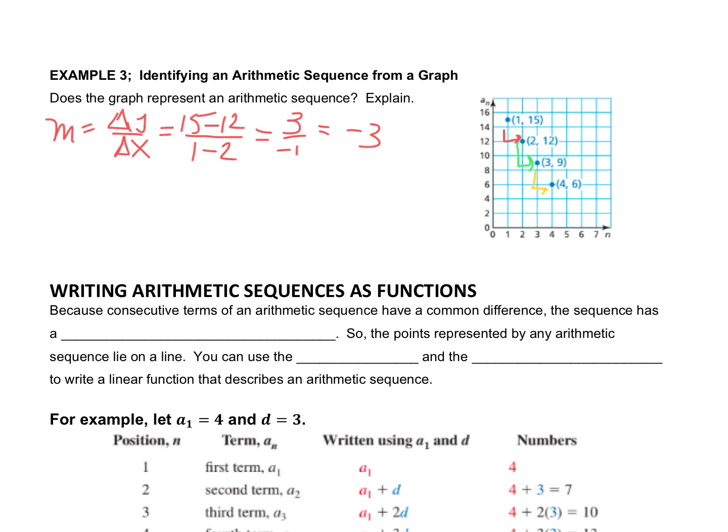And again, remembering the sequence, the first position would be the 15, second position would be the 12, third position would be the 9, and the fourth position would be the 6. So there's a common difference of a minus 3. So yes, this would be an arithmetic sequence for those reasons.